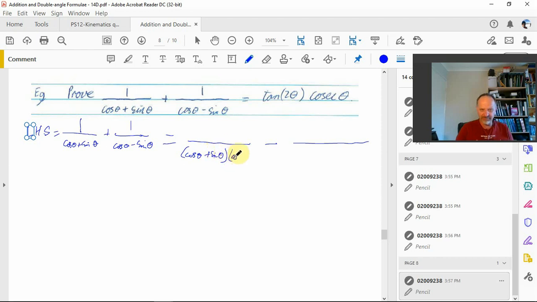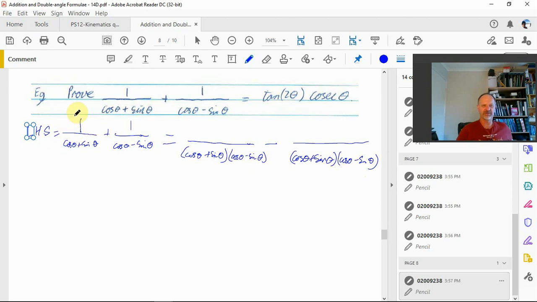of cos theta plus sine theta times cos theta minus sine theta. All right, so there's our common denominator.